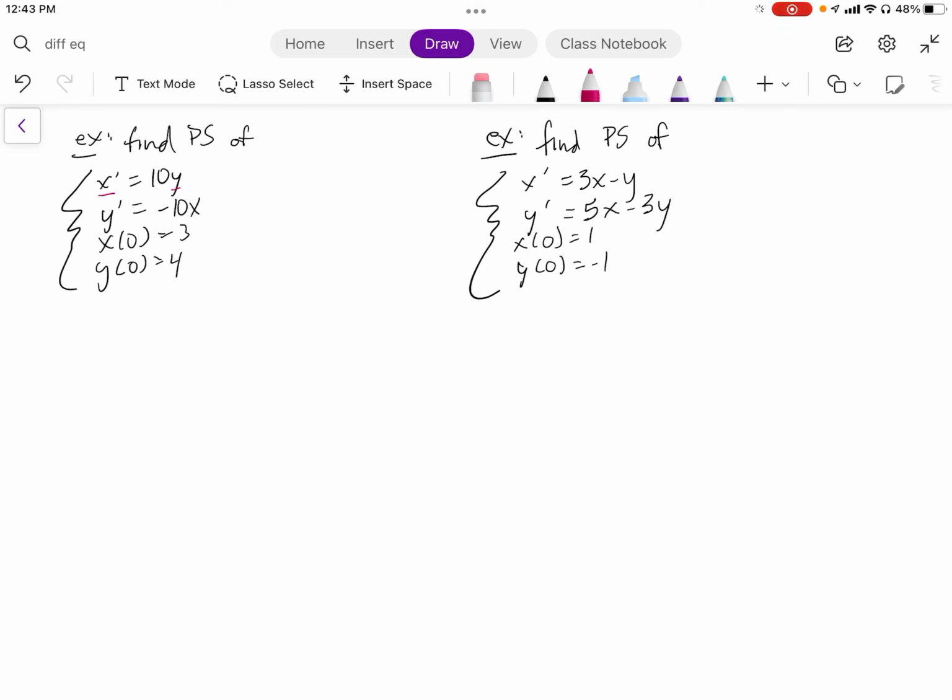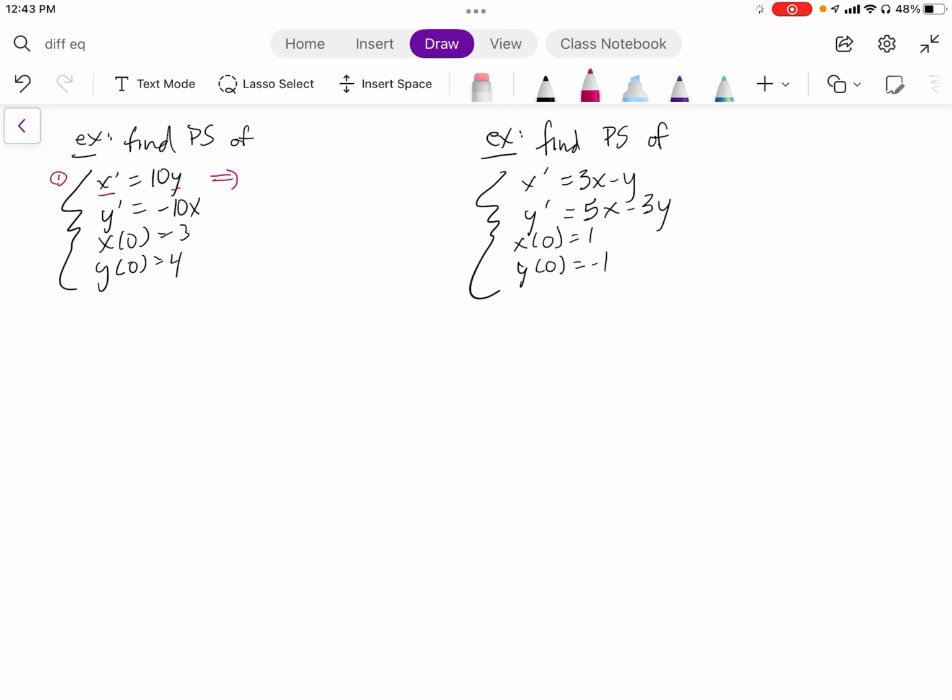Their rates are related to the original function of the other variable. So what we can do here is start by taking the derivative of both sides with respect to t, that way I can get y prime in terms of x and substitute in the other equation.